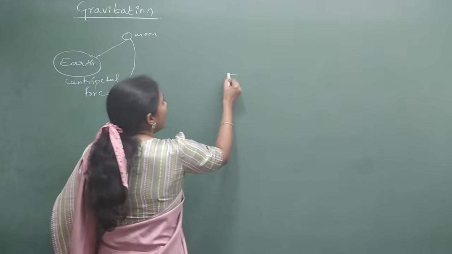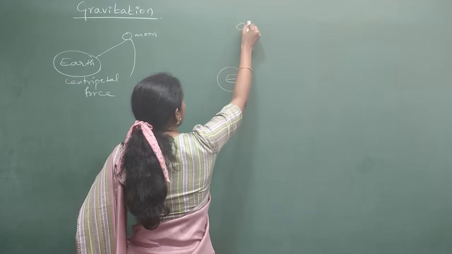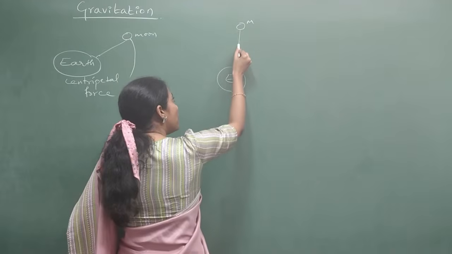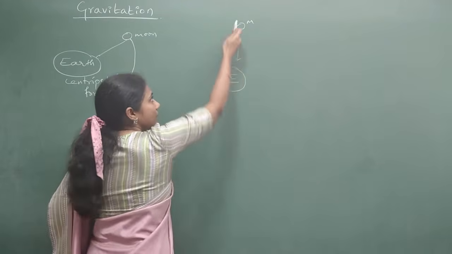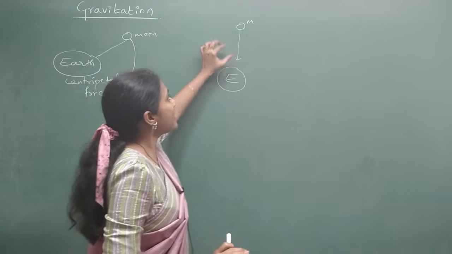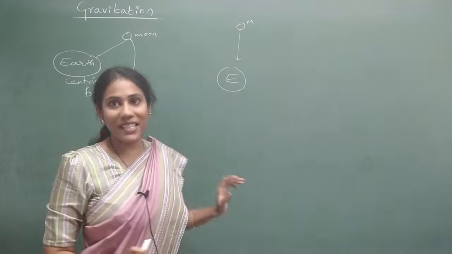See here, let me take this as earth and imagine here is the moon, right? I told you this moon is pulled towards the earth. That means it should come towards the earth, it should come in this direction, right? If it is here, what happens is at every moment it will lose the chance of falling towards earth.